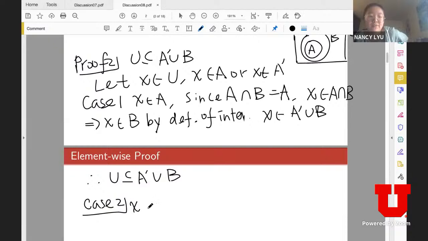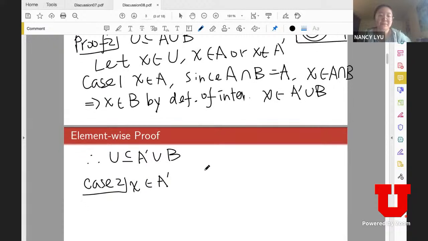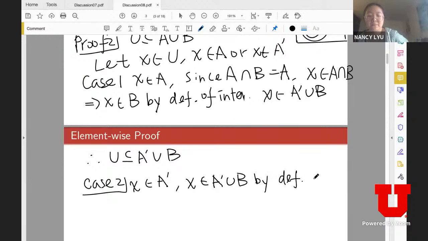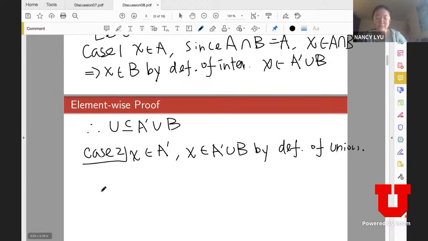Case 2 is if X is in the complement of A. Then that automatically implies that X must also be in the union of the complement of A and B by the definition of union. And then we can conclude that in this case, U is also a subset of A complement union B.